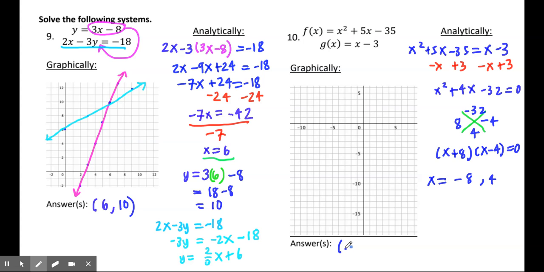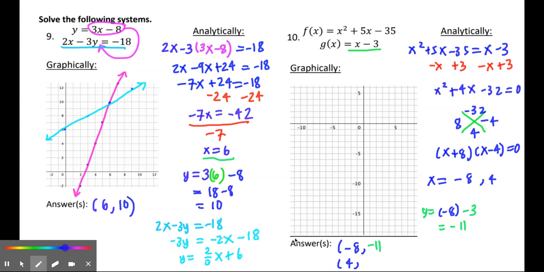So that means you're going to have 2 points of intersection, one at negative 8 something and one at 4 something. Now you could plug them into this one, but obviously this is easier to plug in. So plug it into here. So we have y equals negative 8 minus 3. So that's negative 11. And then we'll do the same thing again for 4.